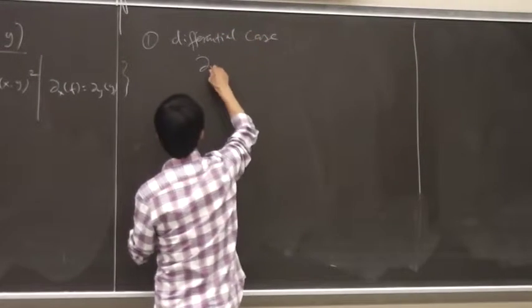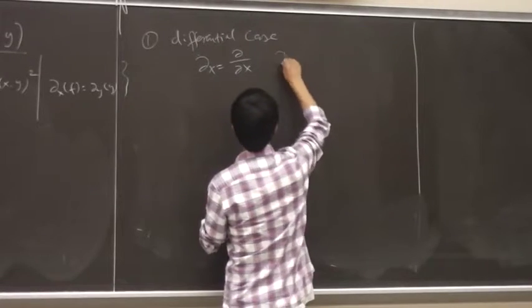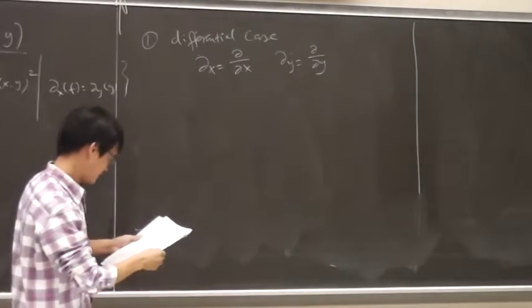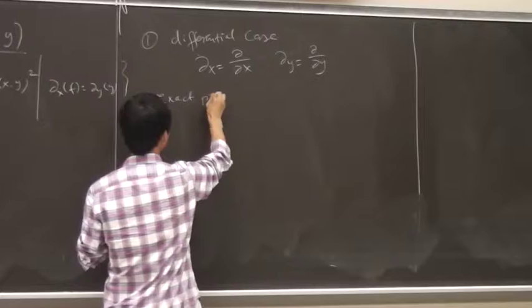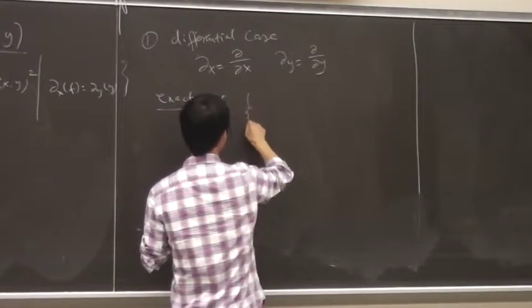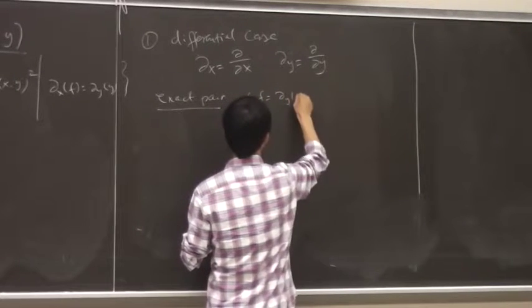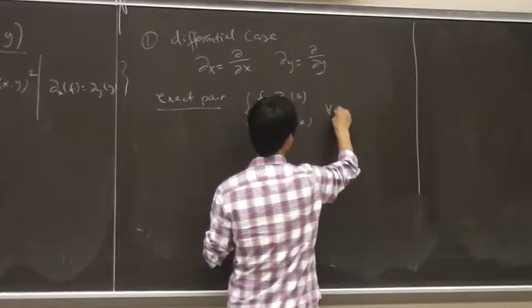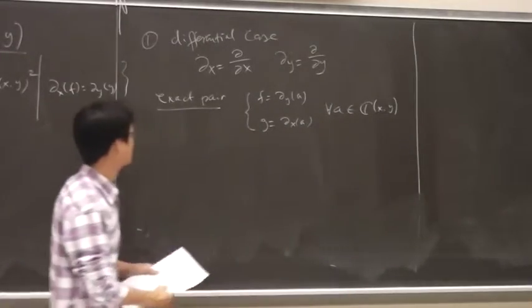Here partial x is the partial derivation with respect to x, and partial y is the partial derivation with respect to y. I already described the exact pair: you can take f equal to partial y of a and g equal to partial x of a, for any a in C(x,y). So this is the exact pair in this case.